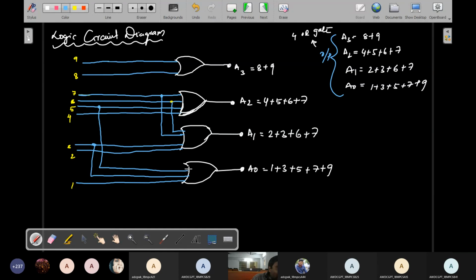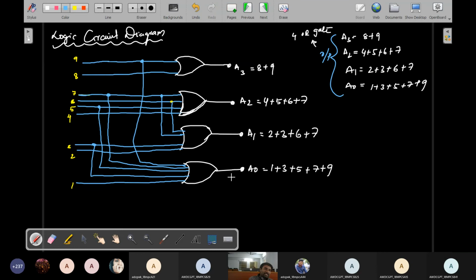And 7 is directly connected to the 7th input, and simply 7 after 9, so 9 is directly connected. So 9 is directly connected to this point.